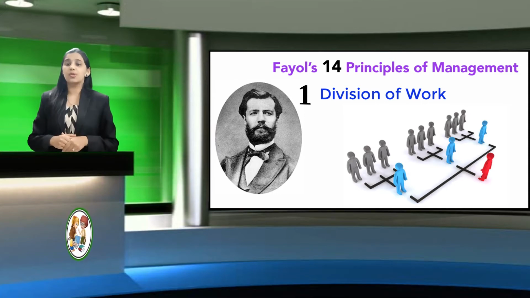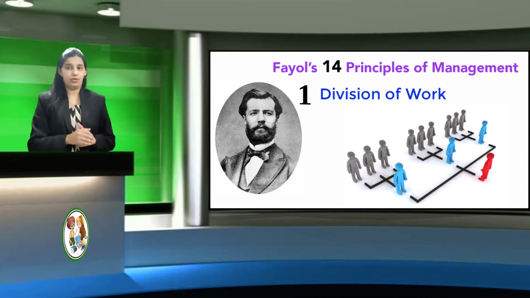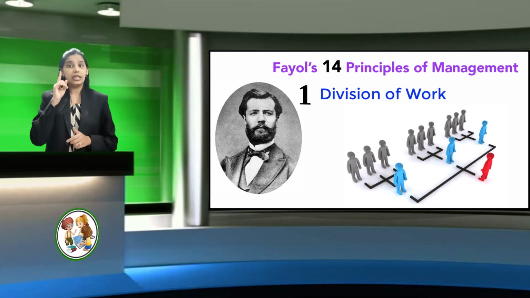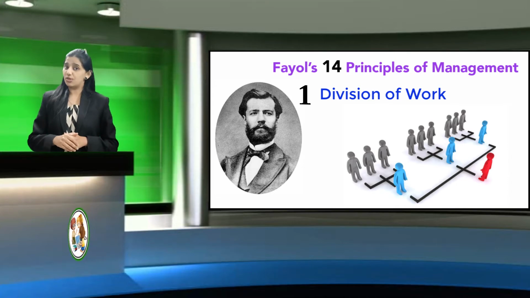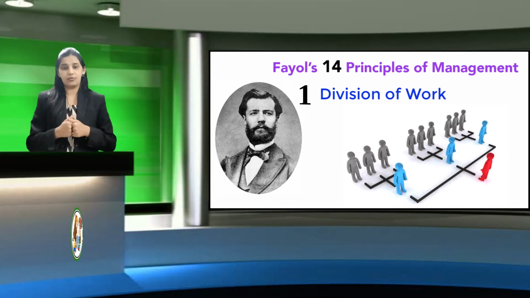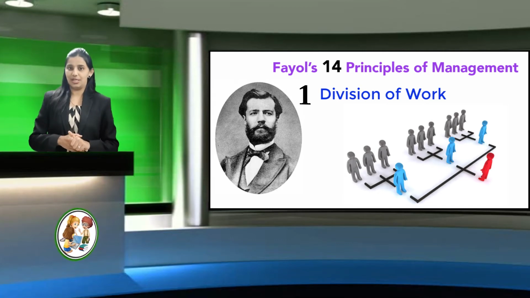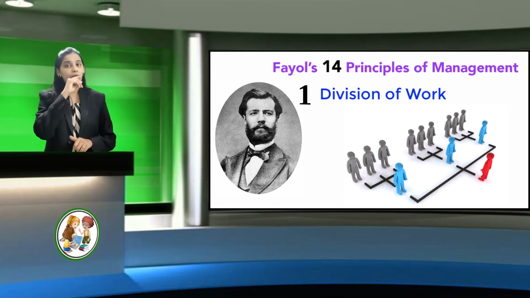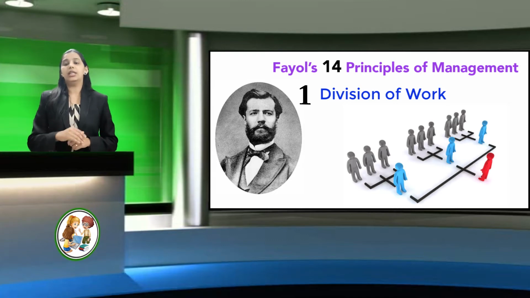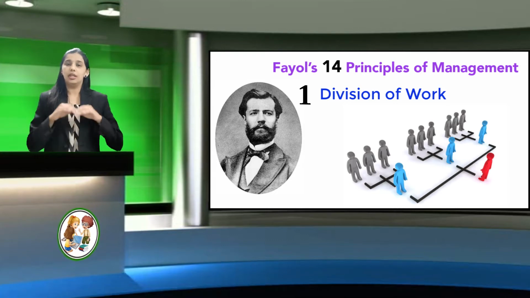Specialization helps to produce more and better work for the same effort. It enables each person to become specialized in his or her part of the work and improve his or her efficiency and effectiveness. Not only factory work but technical, managerial and skilled jobs should also be divided into small units for specialization.